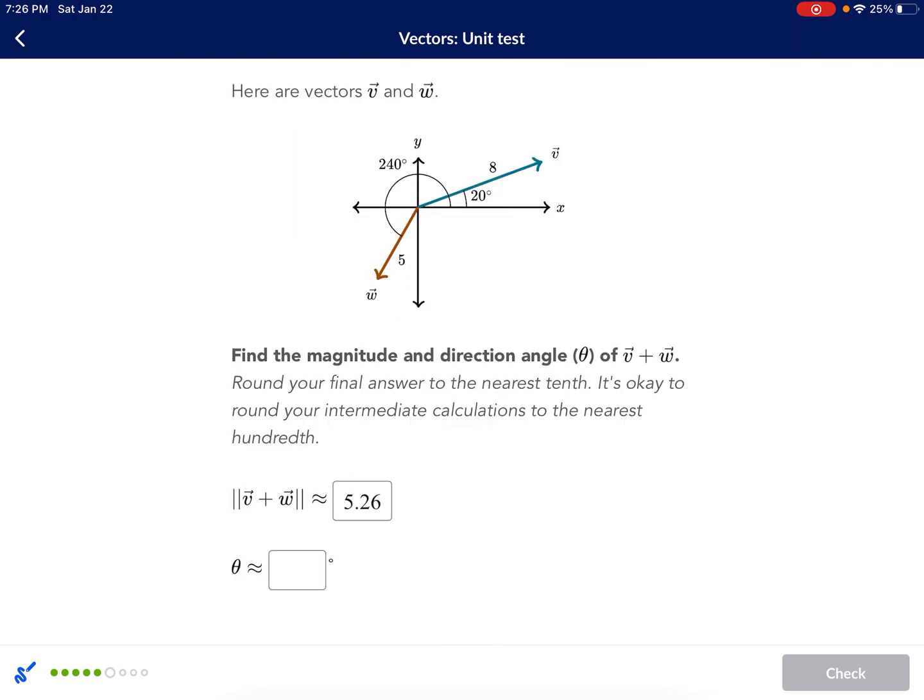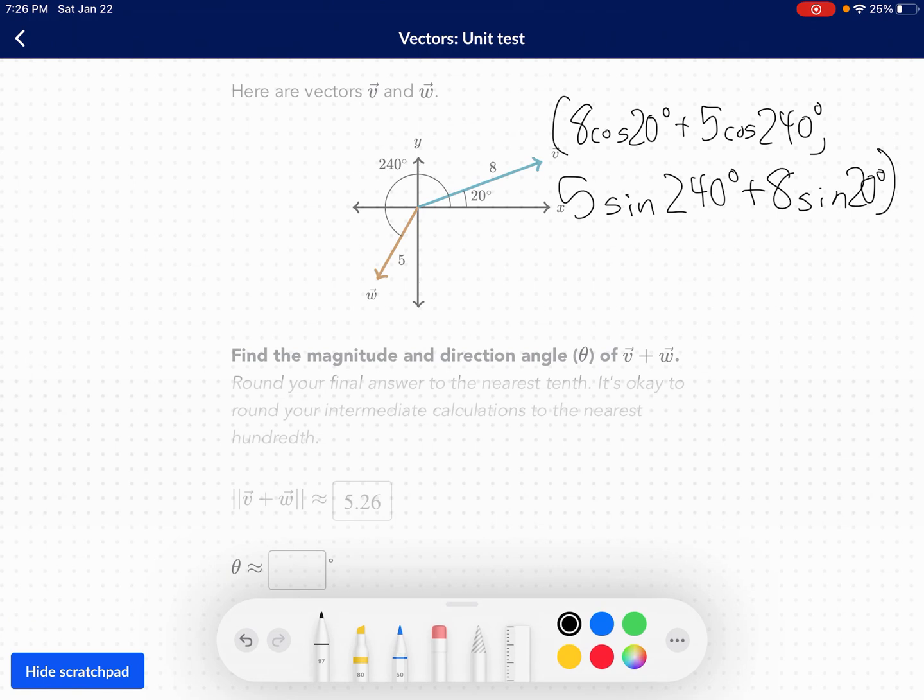And for theta, direction angle, I will do the inverse tangent of the y component over the x component. So inverse tangent of the y component, which I have in my calculator, is negative 1.5939665872 over 5, the x component, which is 5.017540966.